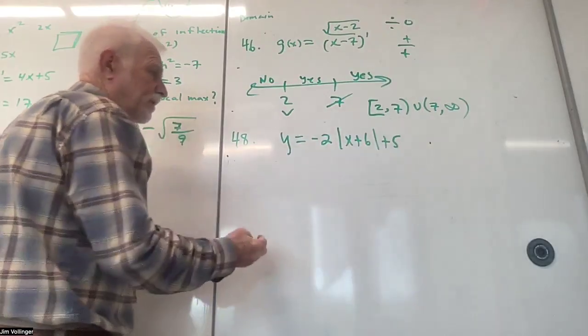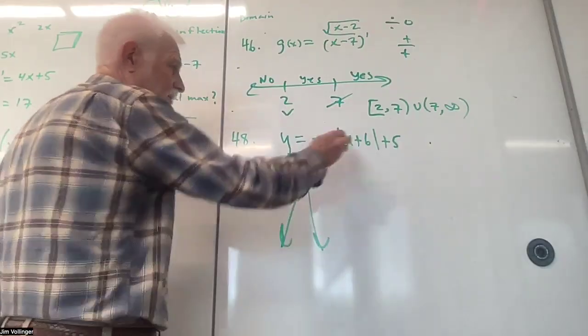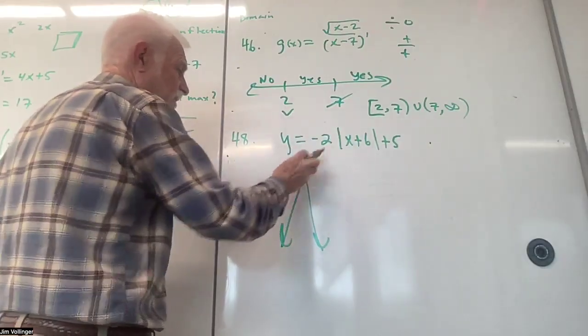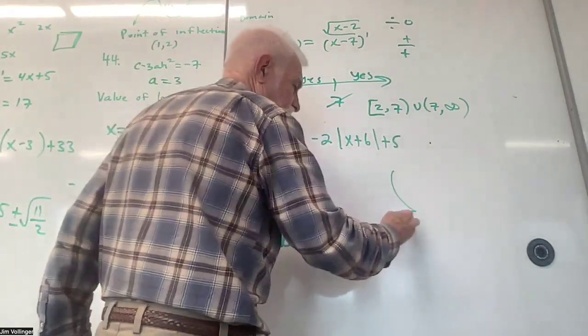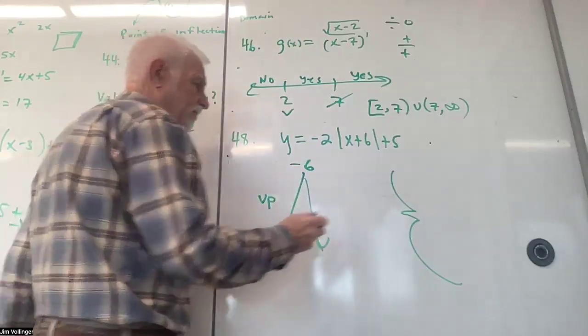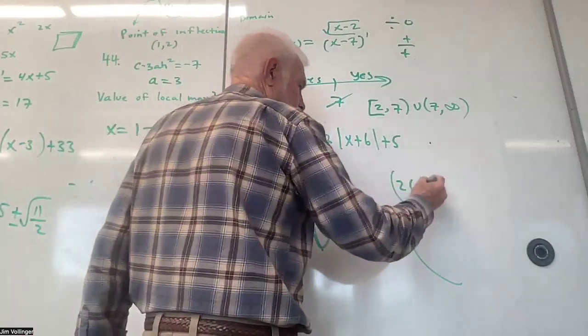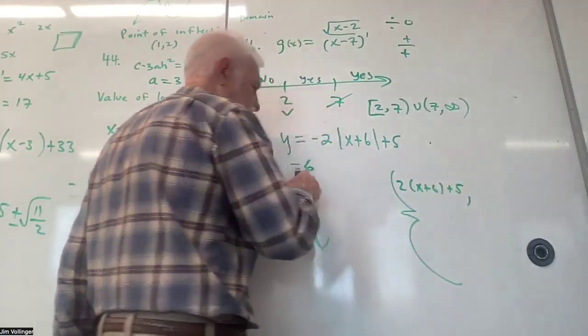Well, let's do all 3 things. Let's go the shape, V shape down, -6 is where it hinges. We'll just leave that for now. So therefore, as a piecewise function, I'm going up on the left, which is a positive slope. And then it hinges at -6.